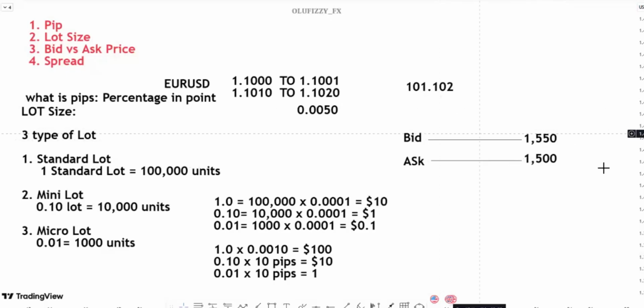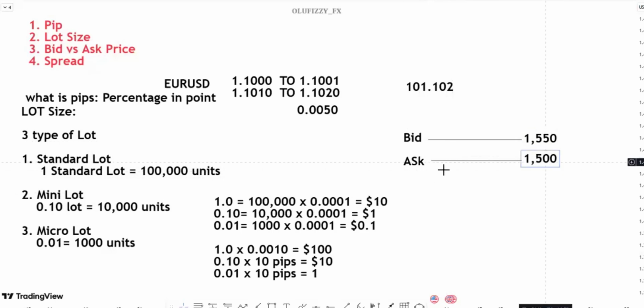But if you go back to sell to them again and they will give you naira, they can tell you that the amount they will buy from you now is going to be 1,500. That's what you get now that you want to sell it back to them. So that is the ask price.